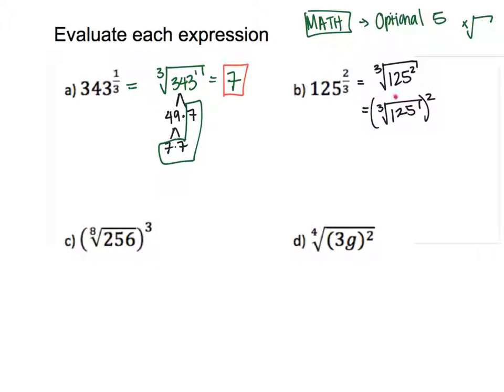So if I take the cube root of 125, we've done this quite a few times already, the cube root of 125 is 5, and then I'm left with the square. Well, what's 5 squared? That's just 25. And so I have arrived at my answer, which is a lot easier than if I had taken 125, squared it, got a big number, and then tried to take the cube root of it, all just to get 25.